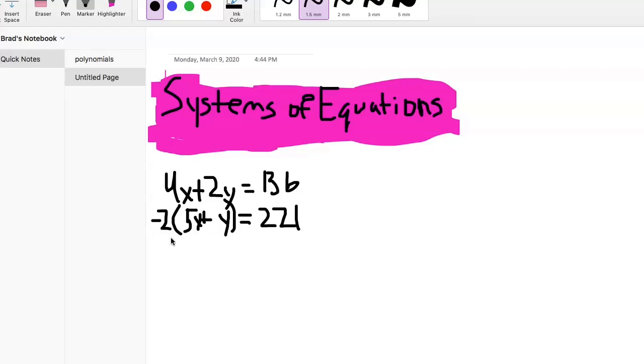That gives us -10x, since -2 times 5x is -10x, plus -2y. That -2y is going to cancel out the 2y. And then you have to do the same thing on the other side. Once we do that, we can combine these two equations, get rid of the y's, and solve for x.